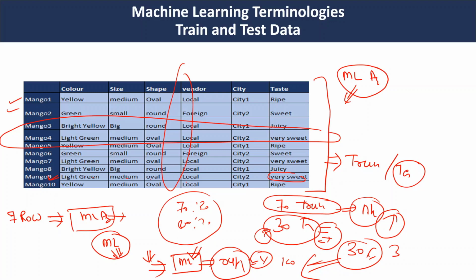Out of 3 rows, if 2 rows provide the correct result, we can say that we are getting around 67 or 68% accuracy. This is because the data is very small. In a normal scenario we normally get 80 to 90 or around 95 to 99% accuracy. It depends on the data, what type of functionality, or what type of domain we are using.